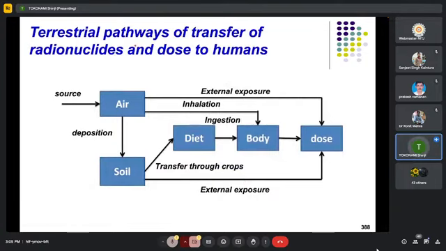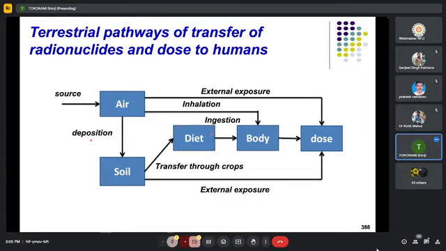Terrestrial pathways of transfer of radionuclides and dose to humans. Radioactive materials go to the air, and by external exposure, people receive the dose. By inhalation, people receive the dose to the body.